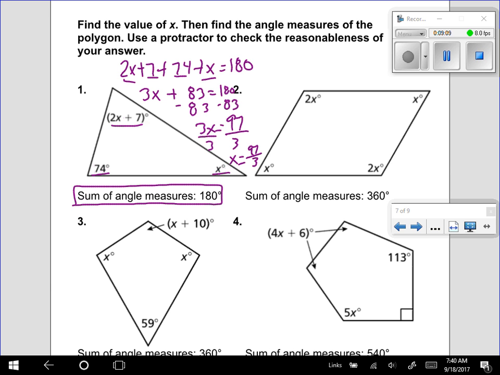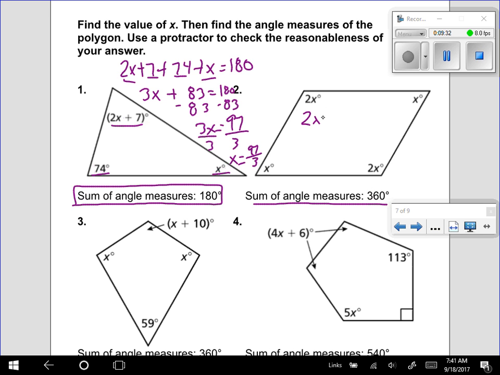Okay, number 2 is a little different. Number 2 is not a triangle, but it does still tell us the sum of the angle measures. We have a quadrilateral here. It's 360 now. So I could take the same piece of information and do the same thing. I'm just going to set it equal to 360 instead of 180.